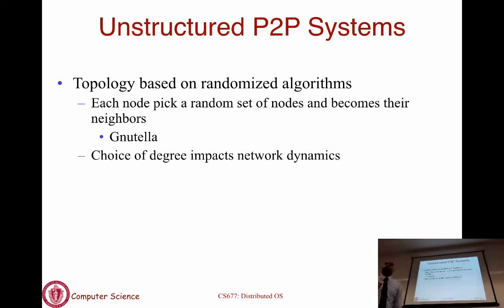In an unstructured network, you use a randomized algorithm to decide who you can connect to. When the peer joins, it picks k random nodes from this network and says, I'm going to be neighbors with these k. If k is 2, you will pick 2 random nodes. It doesn't matter how you pick any 2 and say, now I am going to be a neighbor with that node and I'm going to be a neighbor with that. Now one more node has joined. Yet another node could join and do the same thing.